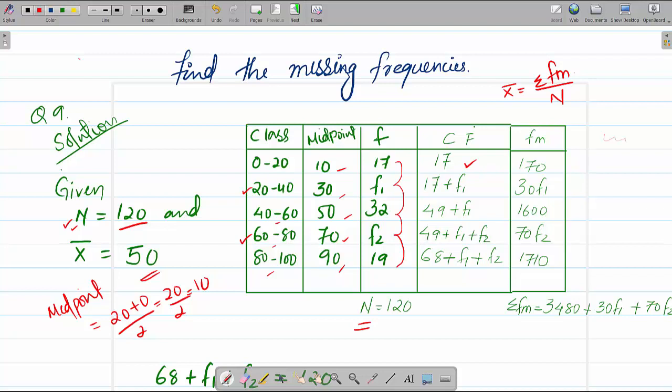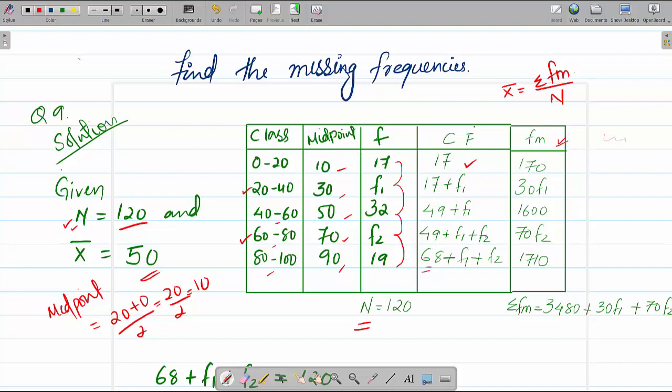So 49 plus 19 will be 68. 68 plus F1 plus F2. Why are we calculating this one? Because you will get to know in the later part. This is mostly not required, but you can always calculate it in order to find out the values of F1 and F2. All right, so the last one is you have to find out FM. So FM is again frequency into midpoint.